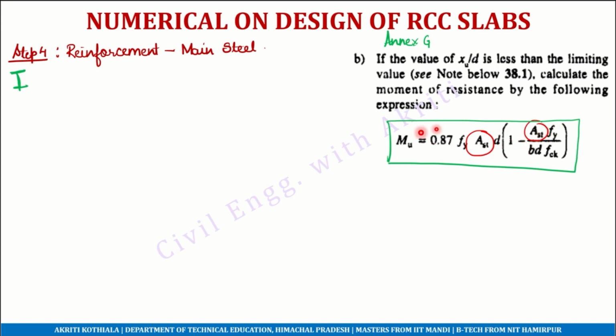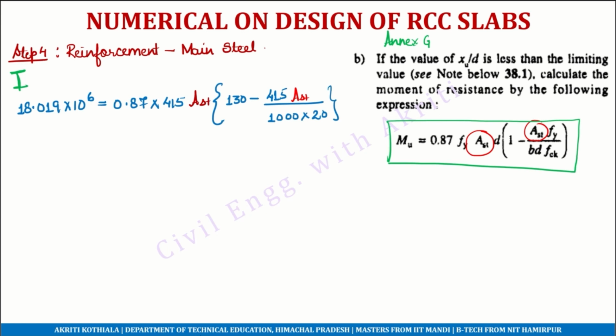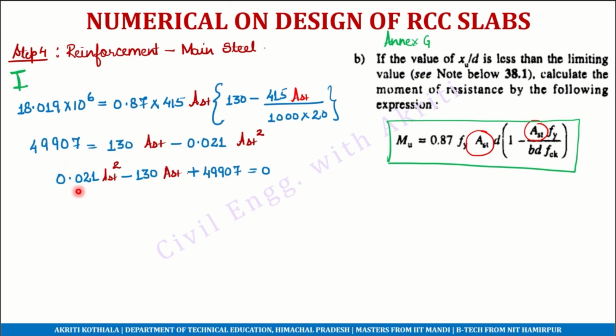Substituting the values of Mu, b, d, fck in this equation and leaving out Ast, we obtain this equation. Now multiplying these terms and rearranging, we obtain the equation 0.021 Ast square minus 130 Ast plus 49907 equal to 0.